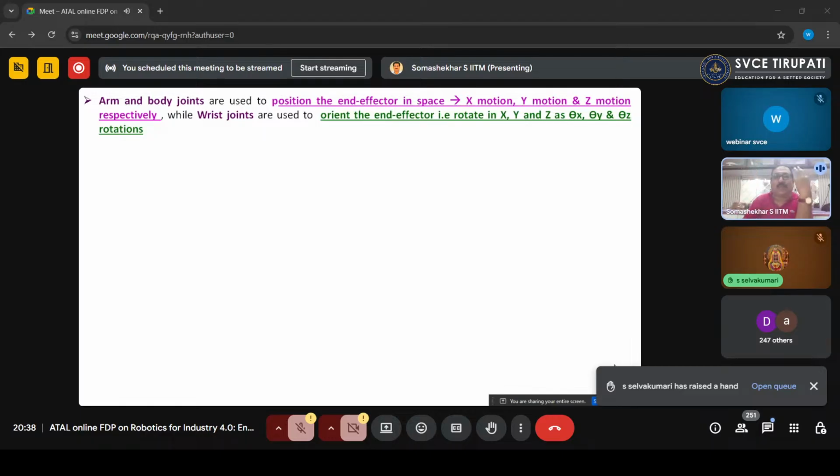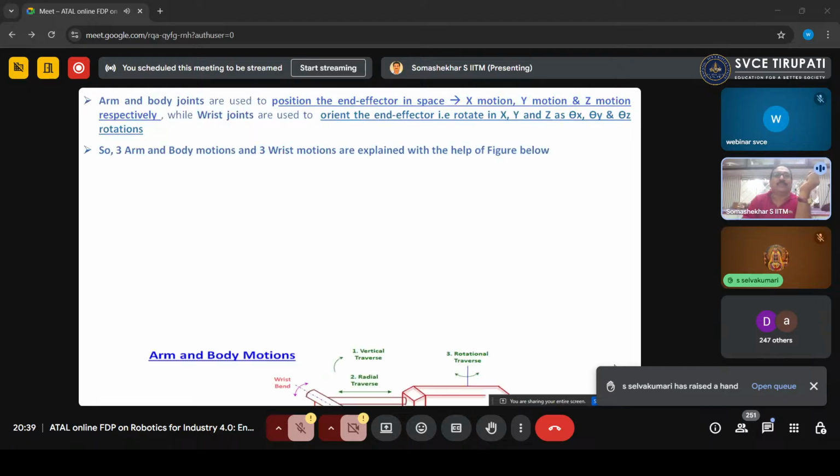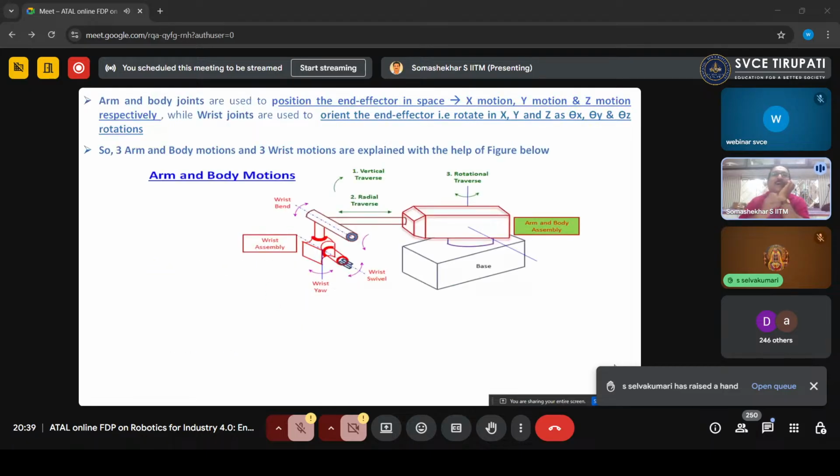Meaning the arm and body have the 3 degrees of freedom, X, Y, Z, major axes. The minor axes mean the wrist is having the orientation: orientation along X, orientation along Y, orientation along Z. This can be explained very neatly in the arm and body motion.